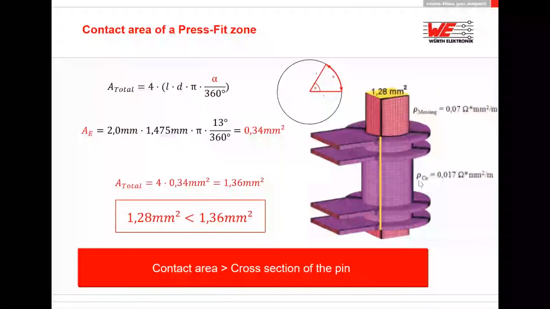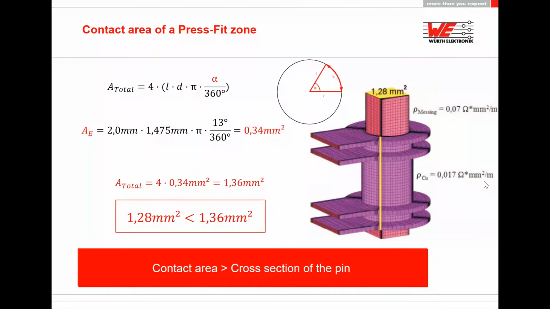And copper has 4 times better current carrying capacity. So in general, this area can be 4 times smaller to have the same resistance as in the pin itself. So it doesn't really matter if we use a PCB with less thickness, because this area is connected to copper.